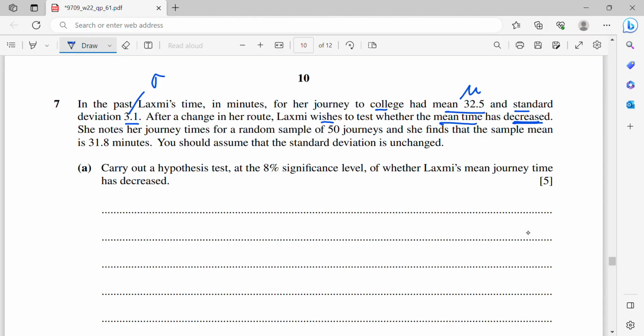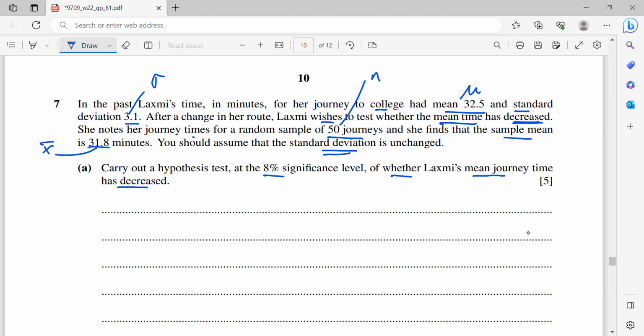She notes her journey times for a random sample of 50 journeys. So this is the n. And she finds that the sample mean is 31.8. That means this is the x bar. You should assume the standard deviation is unchanged. Carry out a hypothesis test at 8% significance level of whether Lakshmi's mean journey time has decreased.